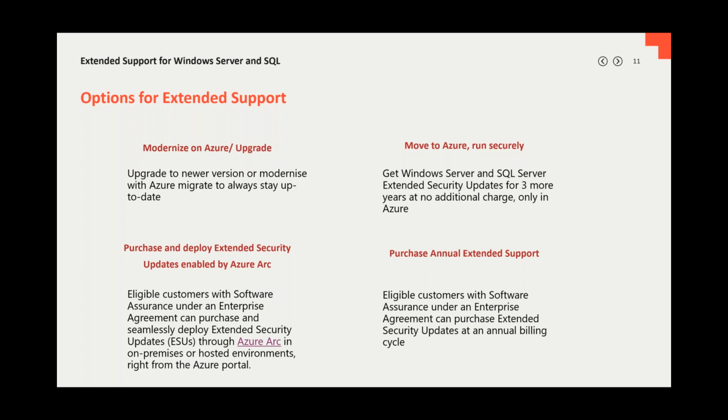The only other thing I will say, and it's really important, is that you need to have active software assurance on those 2012 servers, and you don't now need to have an enterprise agreement. Extended support via Azure Arc is available on CSP. So Microsoft are really pushing Azure Arc there.